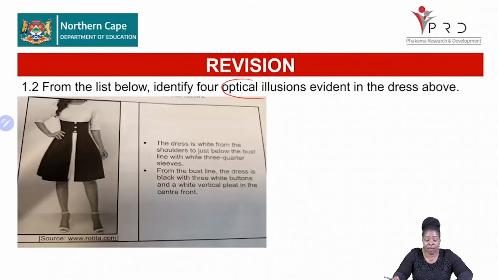It says the dress is white from the shoulders to just below the bust line with white 3/4 sleeves. From the bust line, the dress is black with 3 white buttons and a white vertical pleat in the center front. Let's take a few minutes to look at the dress, and then there is some information on the optical illusions that we have to choose from.